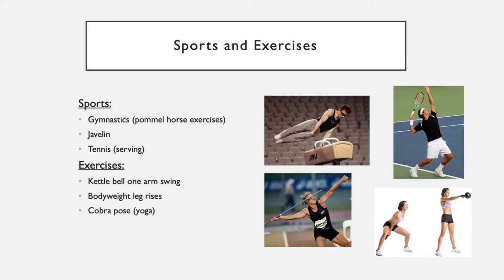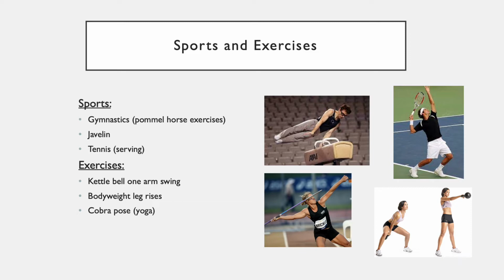So now here are some sports and exercises that involve the muscle. So let's start with sports. Gymnastics. The pommel horse exercise, which you can see they're on like a beam, and the gymnast will rotate in a circle around it. And another one is javelin.